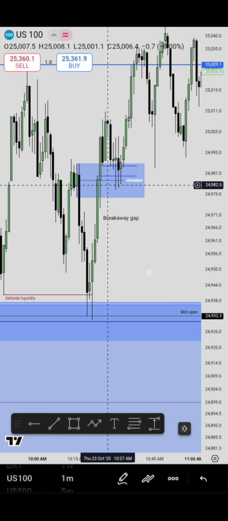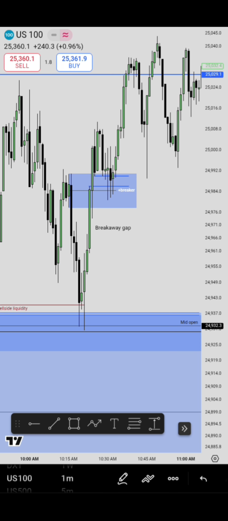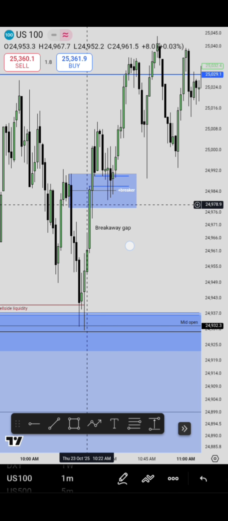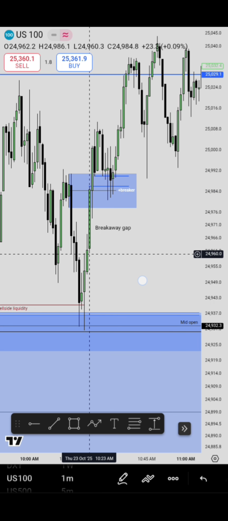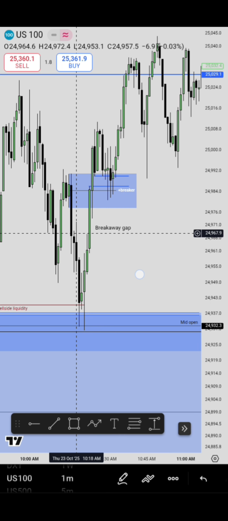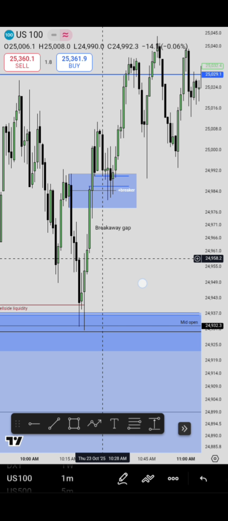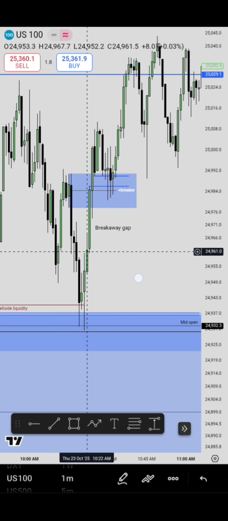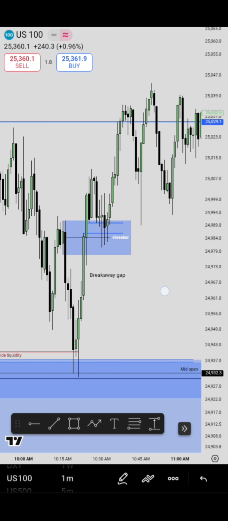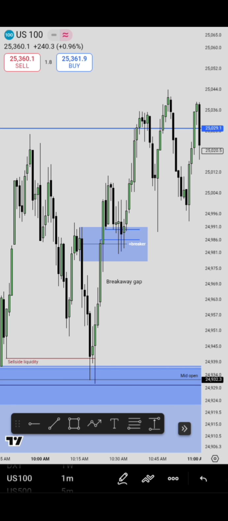So when I saw this fair value gap, I bought here, and my stop loss was placed below this candle, because I don't want to see price get anywhere here. Buy side was resting here.